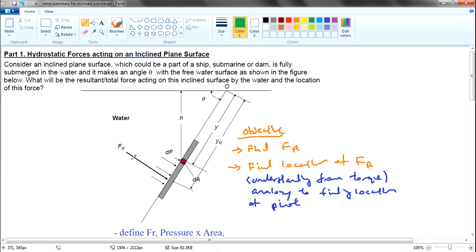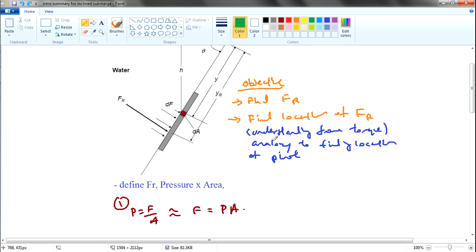The force is all around, it's a UDL, uniformly distributed along the plane. Just that there will be a force at some position, the CG of the plane itself. So we are going to find where the largest force is acting on the plane itself.